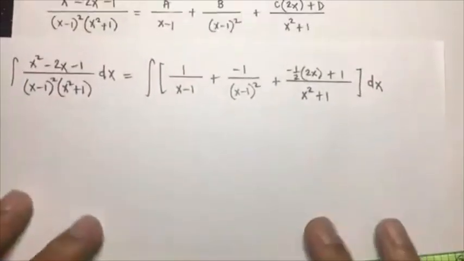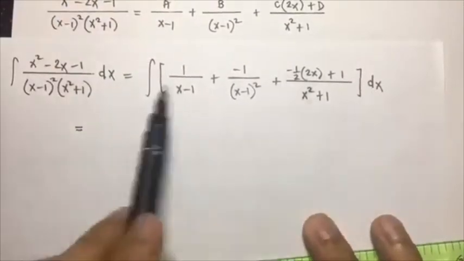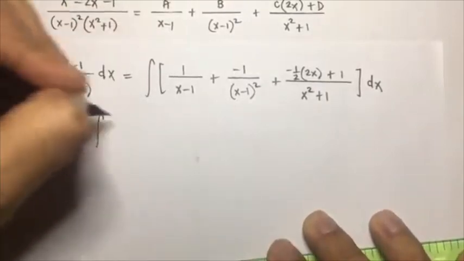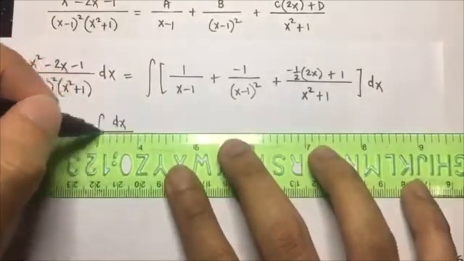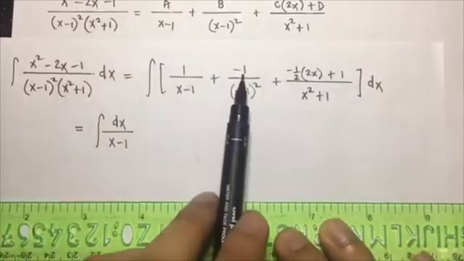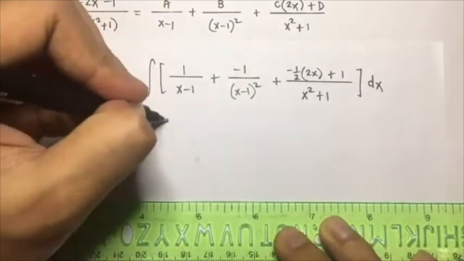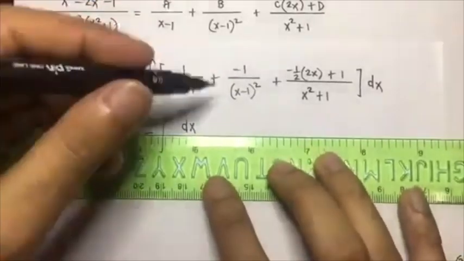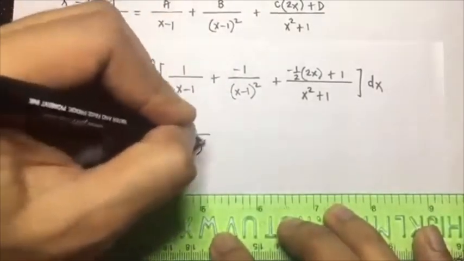Okay, so distributing the integral sign and dx, the first term will become the integral of dx over x minus 1. For the second term, we have negative, so it will become minus the integral of dx over (x minus 1) squared.